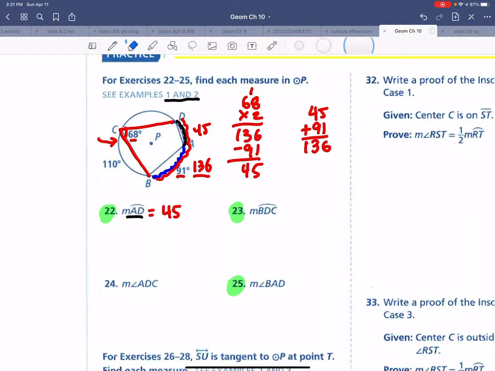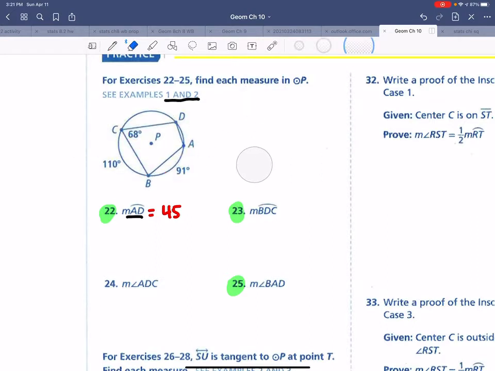Okay, next question. So I'm just going to kind of erase some of this. I would leave it on your paper, but I'm just going to erase it for clarity. BDC. Well, that's a big arc here. This arc is what they want.